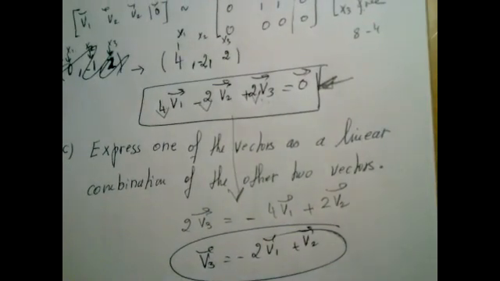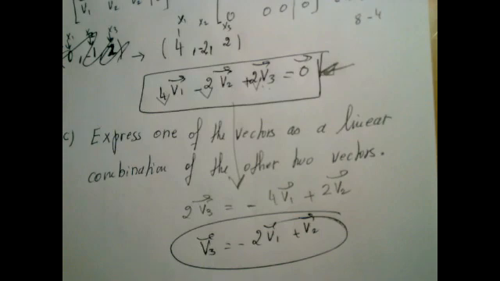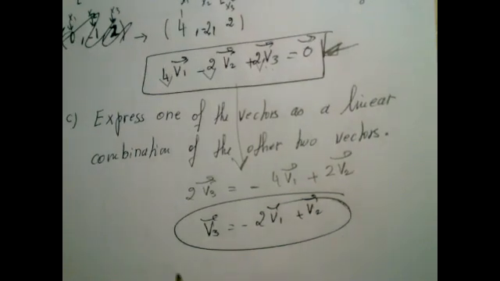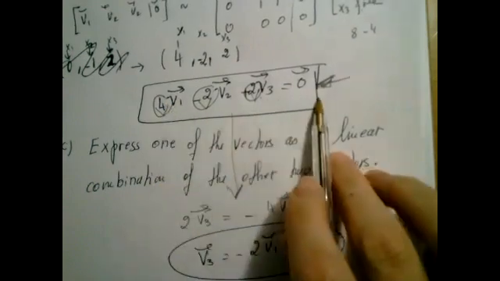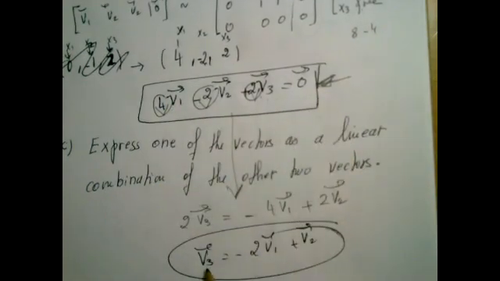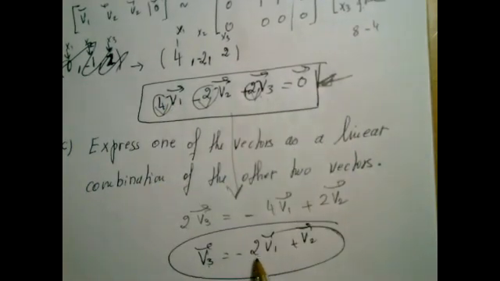So let me summarize the definitions and what's the dependence versus independent. In the dependence case, because I was able to find non-zero numbers such that this holds, I was able to express one as a combination of the others.